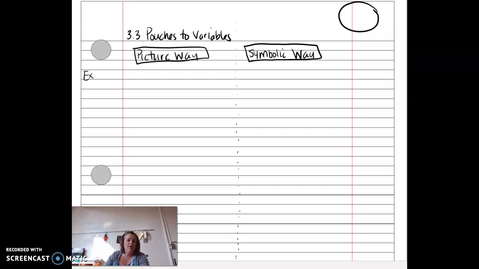I'll start way over here because I'm going to need some space. What if I had 4 pouches and 2 coins, and this was equal to 18 coins?